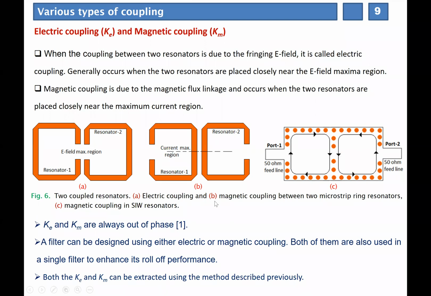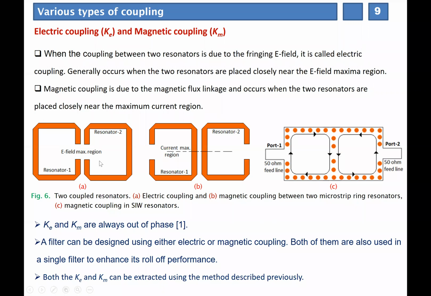In figure 6B, at the midpoint of the resonator, the electric field is 0, but the current is maximum. So coupling between these two resonators is due to current induction. This type of coupling shown in figure 6B is called magnetic coupling, and in figure 6A it is called electric coupling.